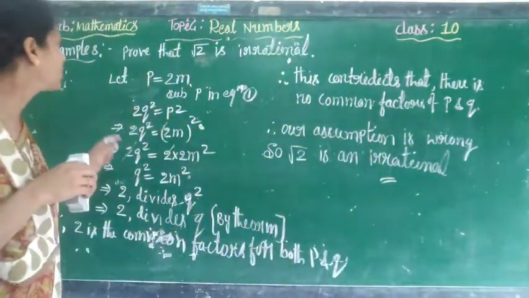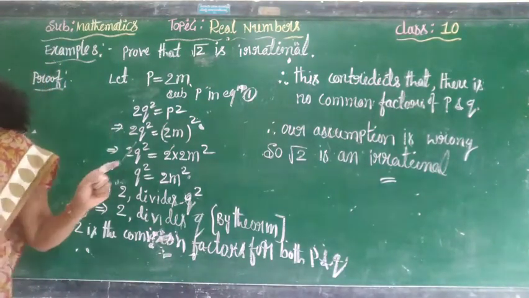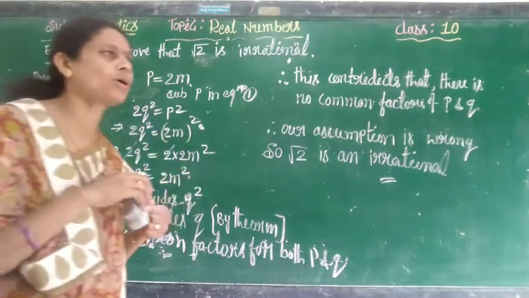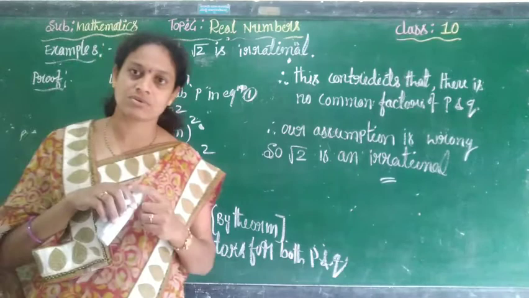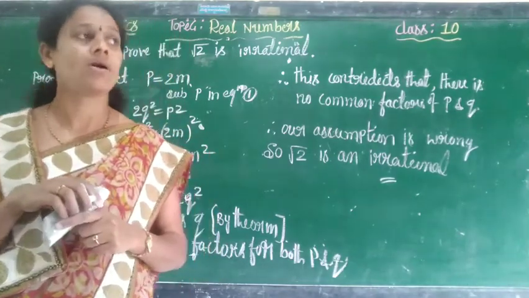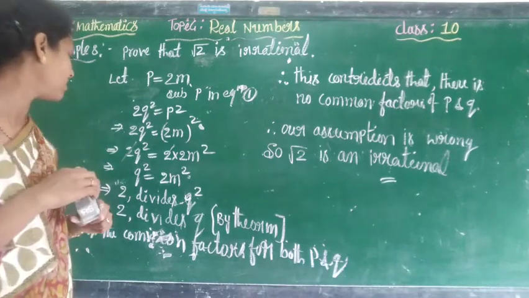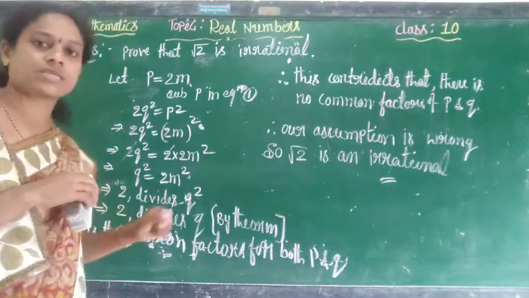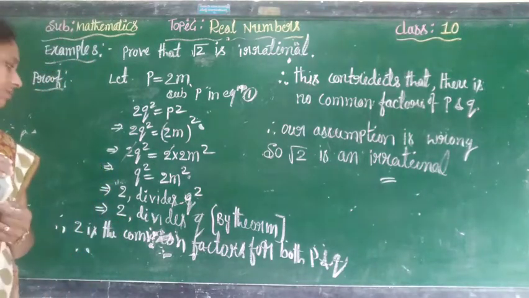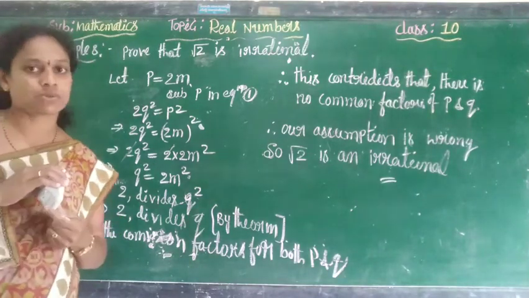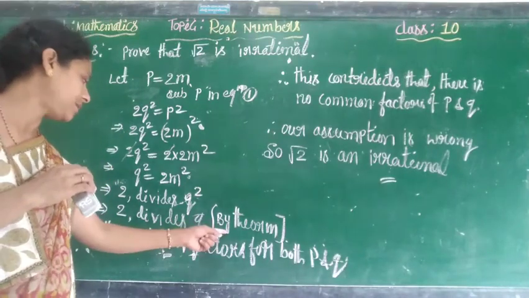Once again, first we take root 2 is equal to P by Q, where P, Q belongs to Z, where Q is not equal to 0, and gcd of P, Q is equal to 1. Substitute ಮಾಡಿದಾಗ ನಮಗೆ ಏನು ಬರುತ್ತೆ? P square is equal to 2m square ಬರುತ್ತೆ. So ನಾವು ಏನು ಮಾಡ್ತೀವಿ? 2 divides P square and 2 is also divides P by theorem 8.3.